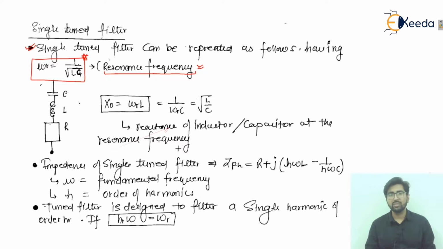If I talk about the designing of the filters, or the basic representation diagram of that, then we can use this type of diagram, having the capacitor, inductor, and resistor block.